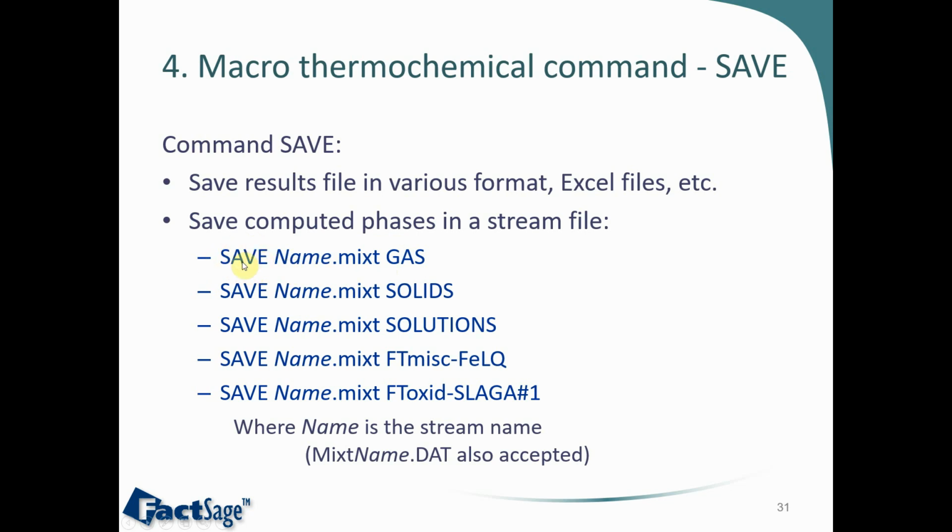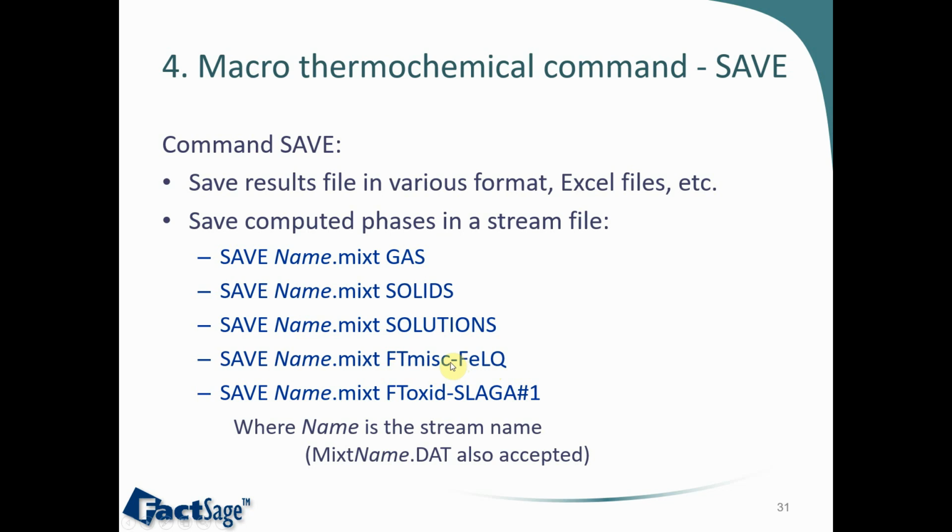So here we write save and then the name of the mixture file, including the extension .mixed, followed by the label gas to save all the gas species inside the mixture file, or the label solids to save all the solids in the mixture file, or the label solutions to save all the solutions in the mixture file, or you can also save a specific solution in a stream by specifying the database nickname and the solution nickname separated by a hyphen.